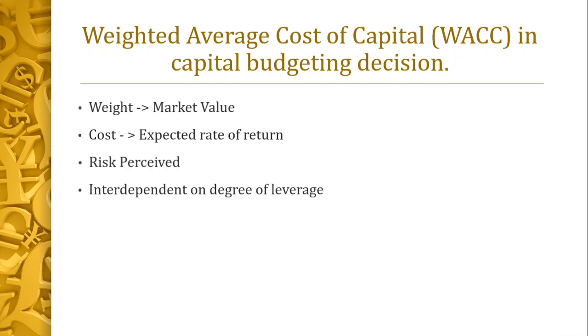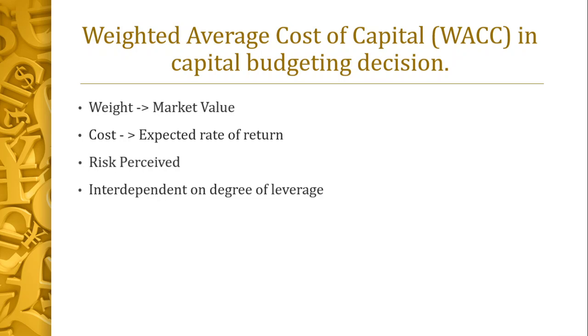Now, one more thing that we can understand here is regarding optimum capital structure. Optimum capital structure is such a combination of both debt and equity wherein the cost of capital would be less and the market value of the company would be at its highest.